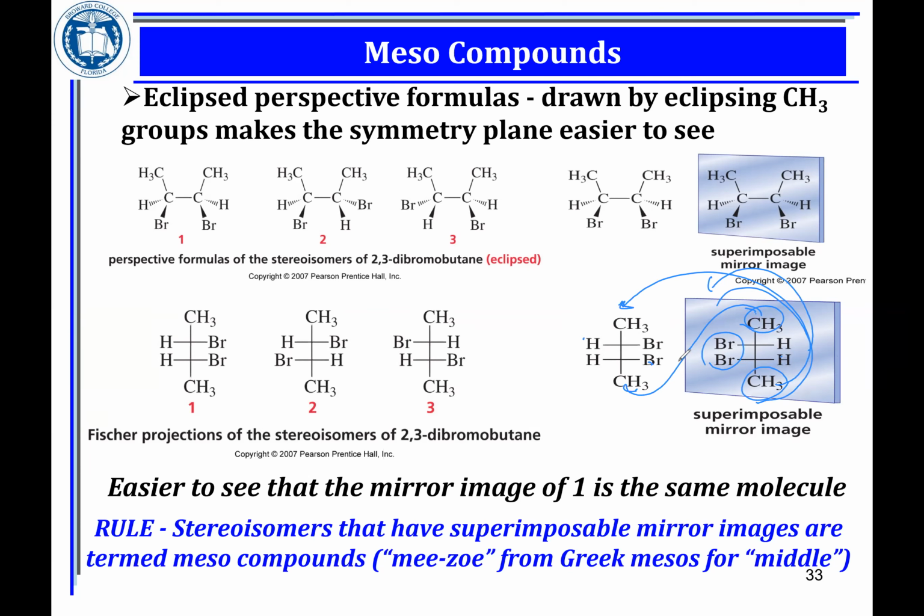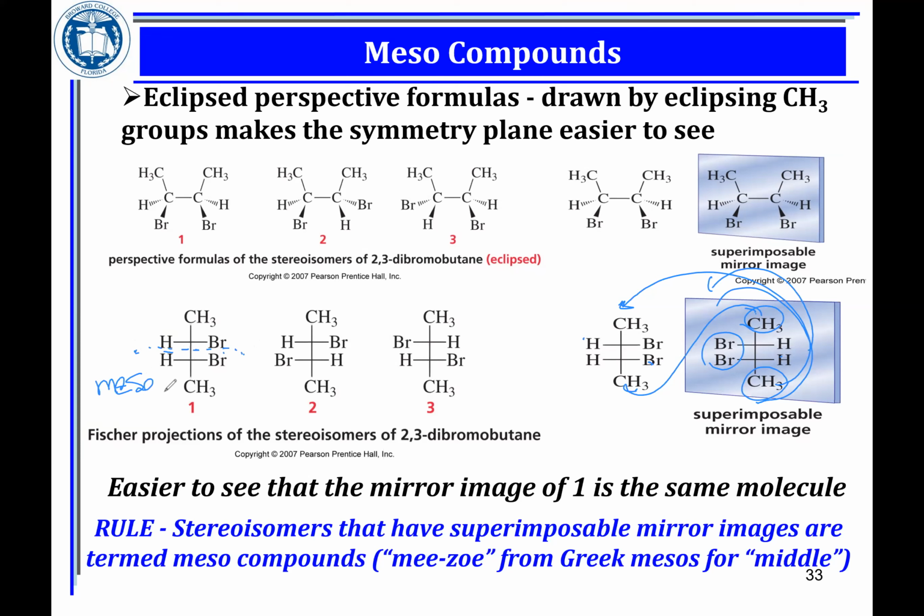But the way I said it, it doesn't need imagination really. It needs the definition, whether it meets the definition. If your molecule has an internal plane of symmetry, that means your compound now has a new name and it's called meso.